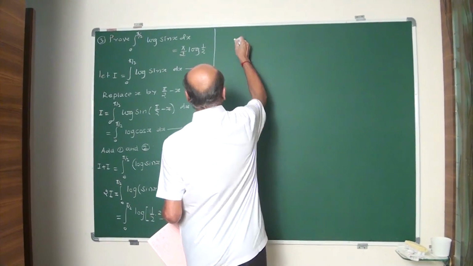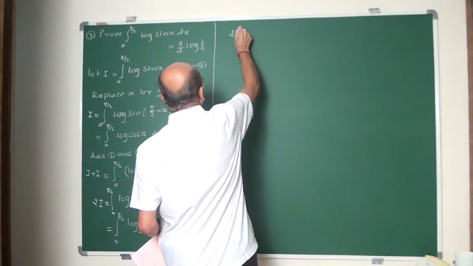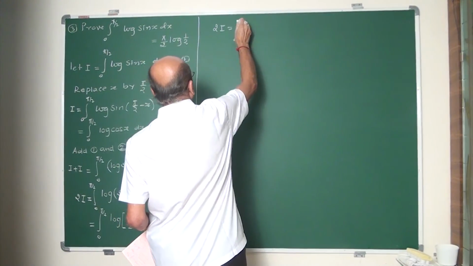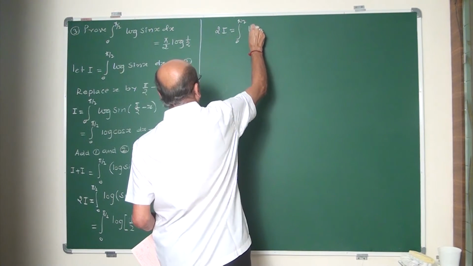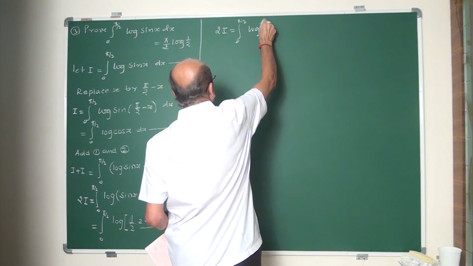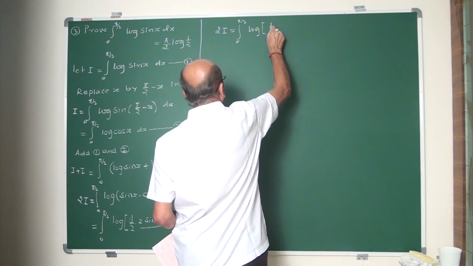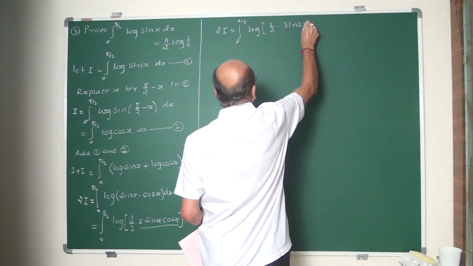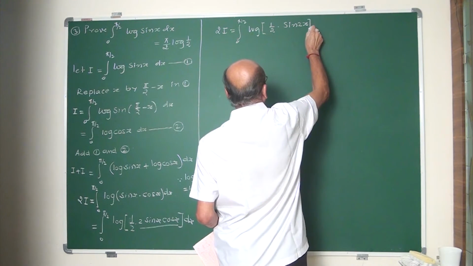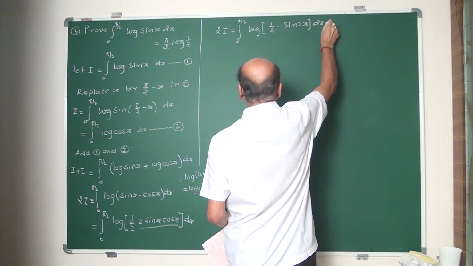2I equal to integral 0 to pi by 2 log of a product, 1 by 2 into sin 2x, dx.